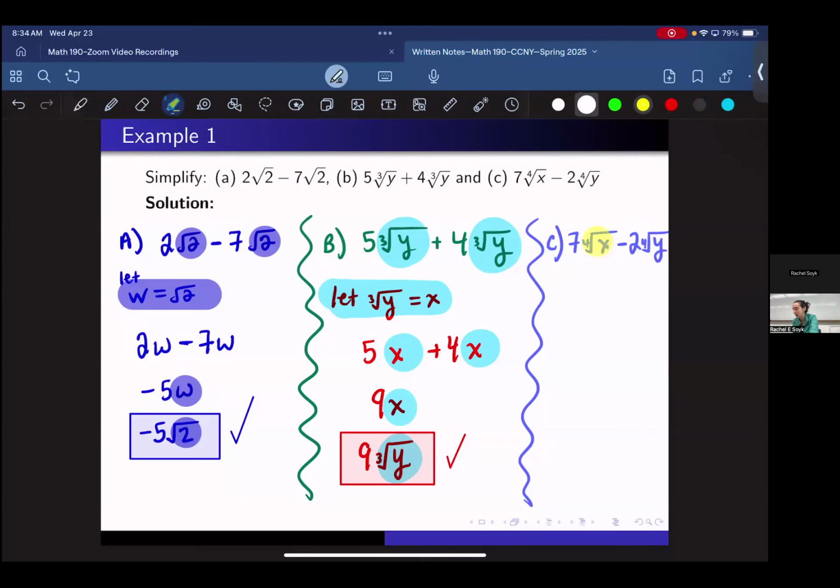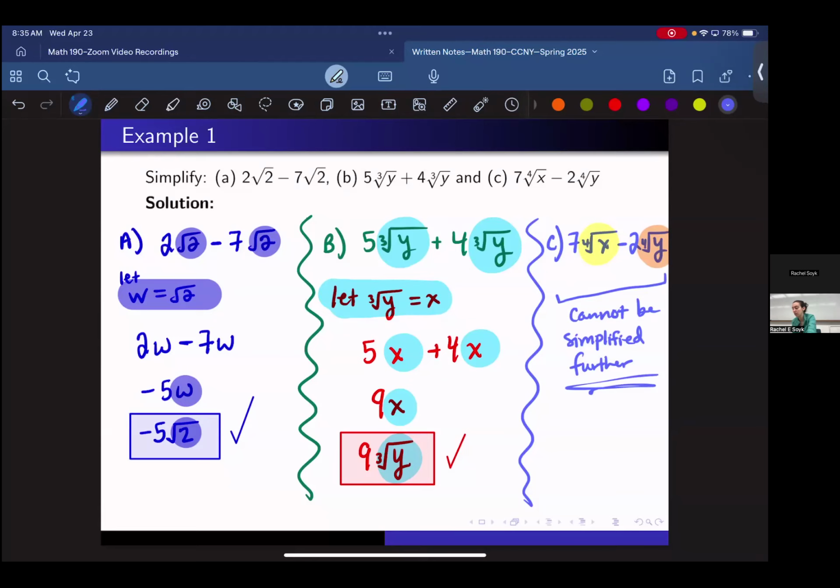How many people say yes? How many people say no? It's not, right? One's yellow, one's orange. Those are different colors. x and y, different variables. So can this be simplified? Cannot be simplified further. Done.